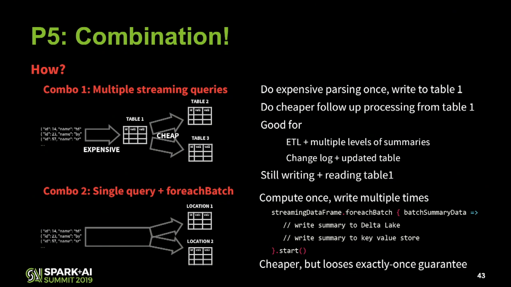So using foreachBatch, you can take the output of each batch and write it out to both locations. But something you need to be aware of is that while this is potentially cheaper, you lose the exactly-once guarantee because of the lower-level semantics of how foreachBatch works. So something to be aware of, but there are options for doing this.